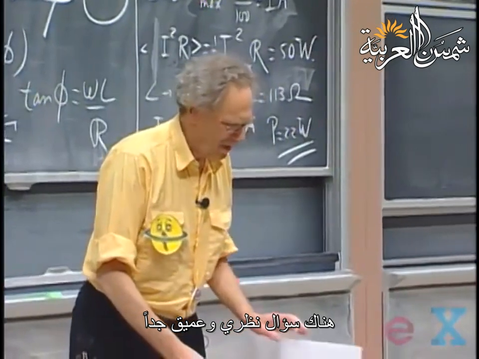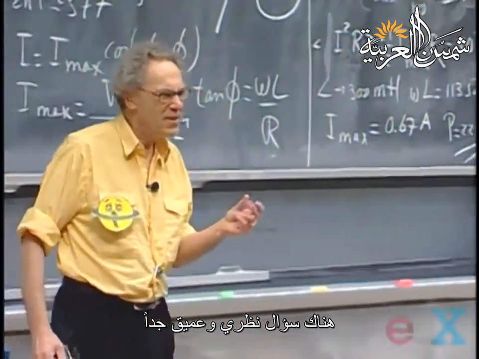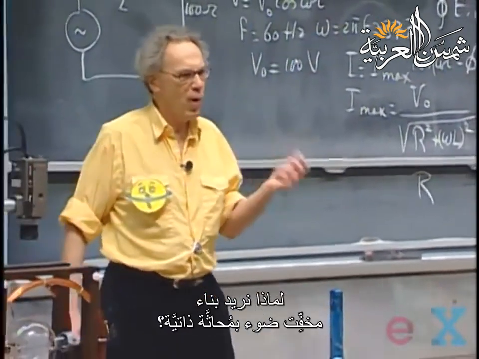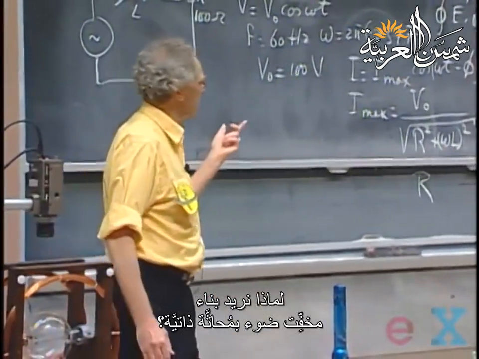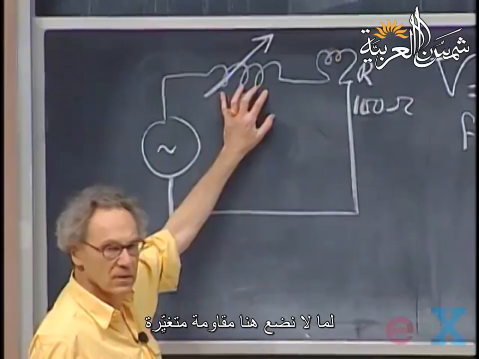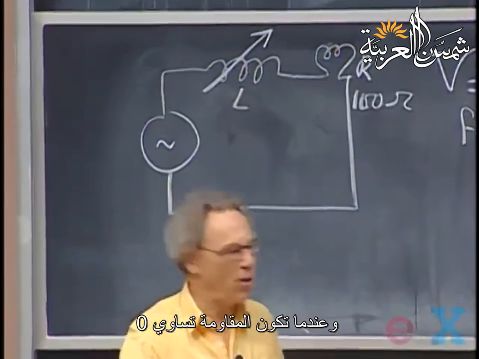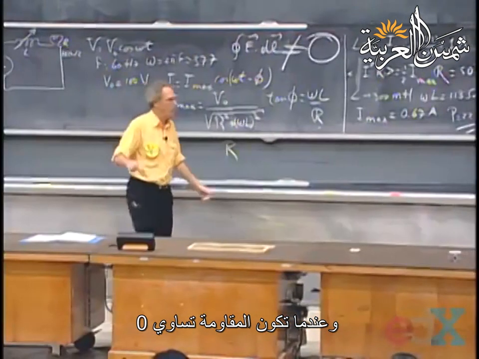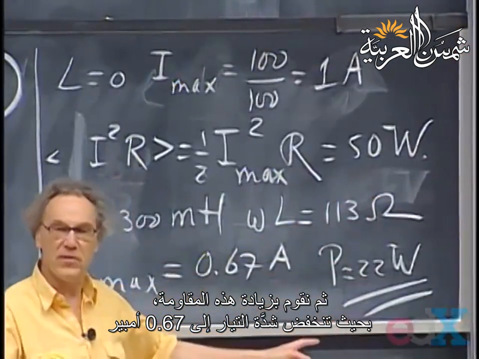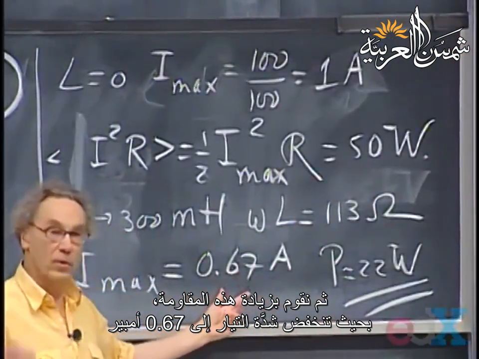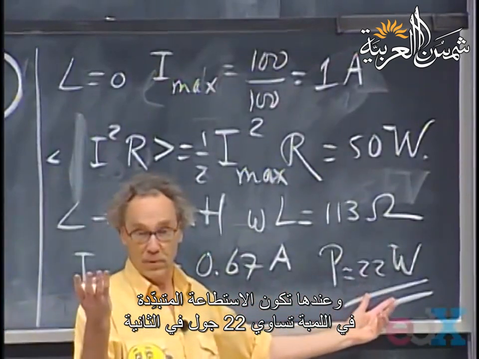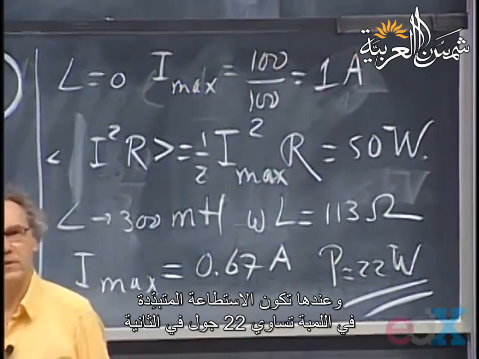Now, a very deep, maybe nasty conceptual question. Why would one want to build a light dimmer with a self-inductor? Why not put here a variable resistor and then turn up the resistor so that the current, which when the resistor is 0, the current is 1 ampere, so you get 50 watts, but then you increase that resistor so that the current goes down to 0.67 amperes, and then the light bulb will dissipate 22 joules per second.